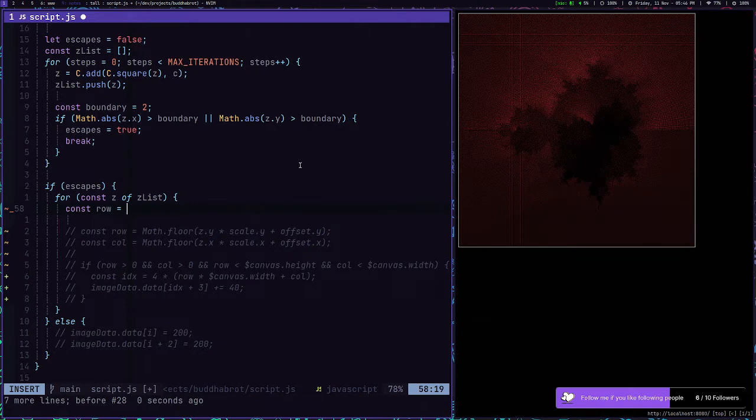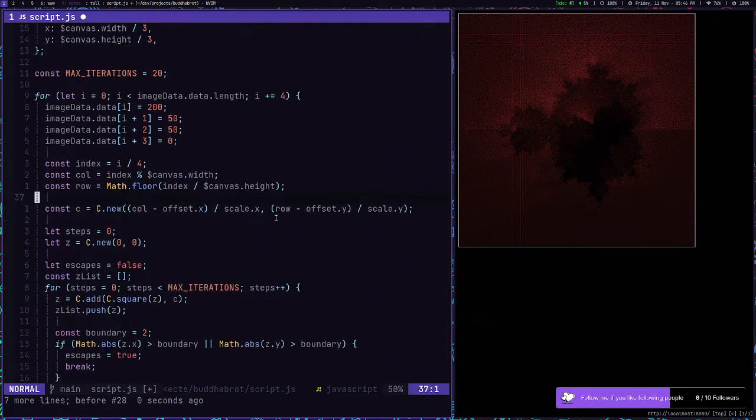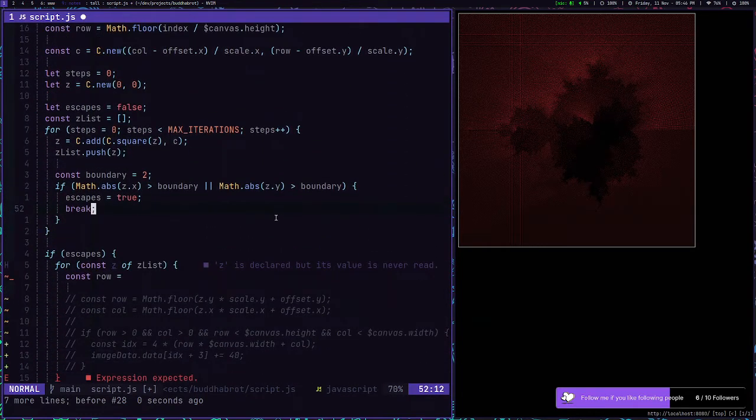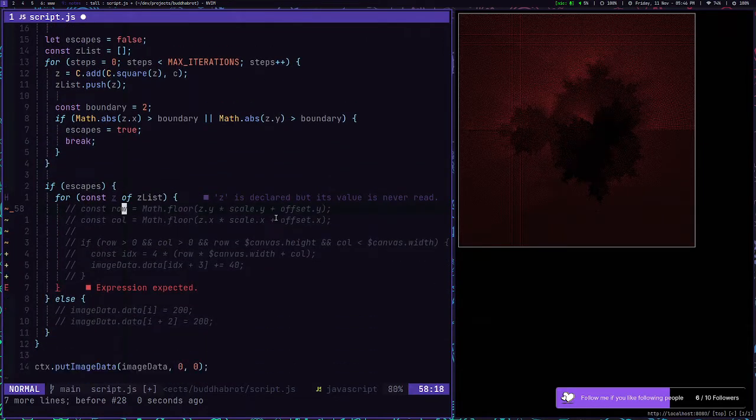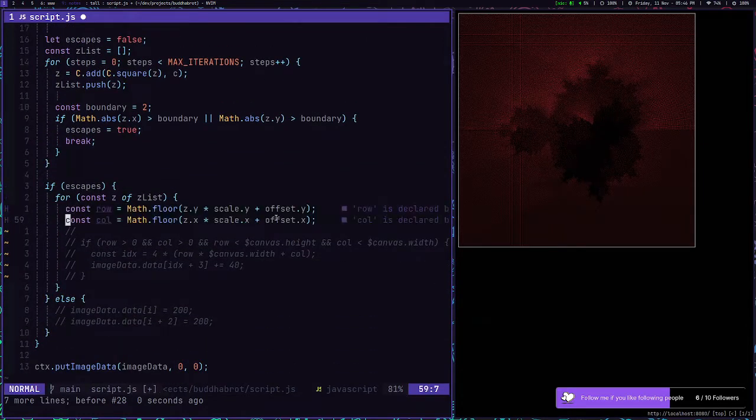So to get the row, what we need to do is get the y. We basically reverse whatever we did above, right? We take the y, we scale it up, we offset it, and yeah, that's it. I guess we did the same thing that we're explaining. I didn't see a reason why we have to do this again.